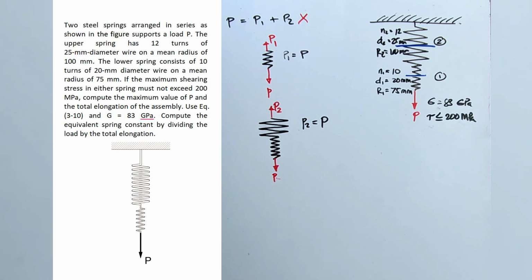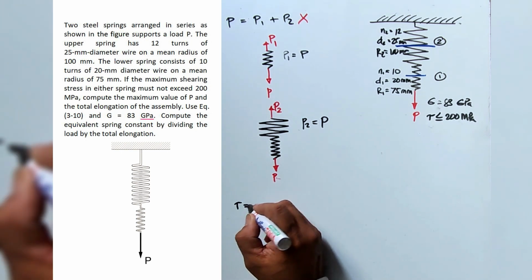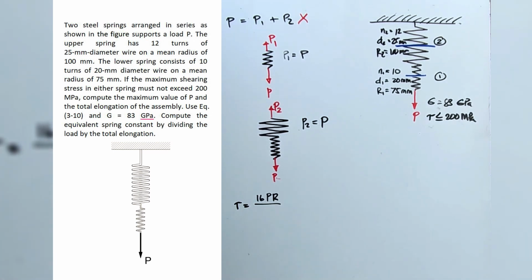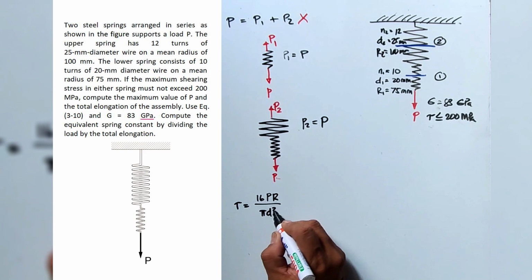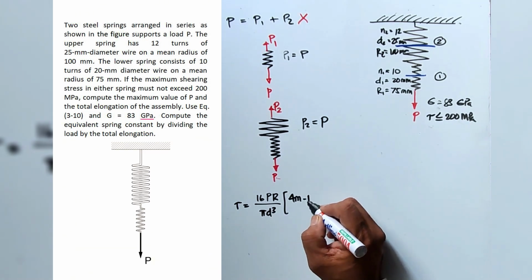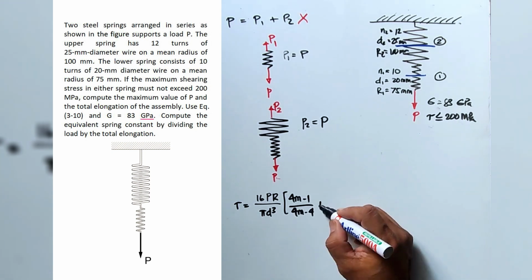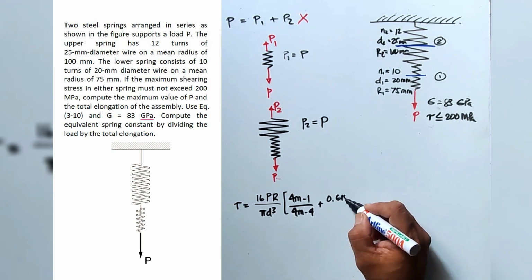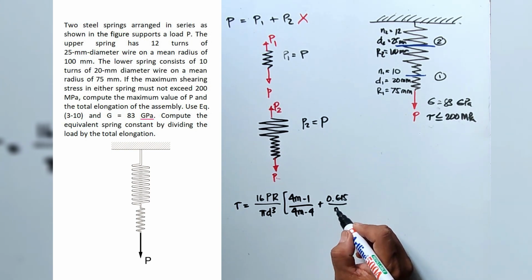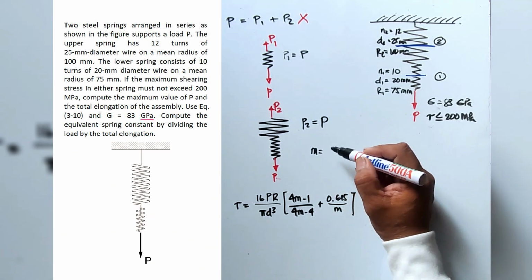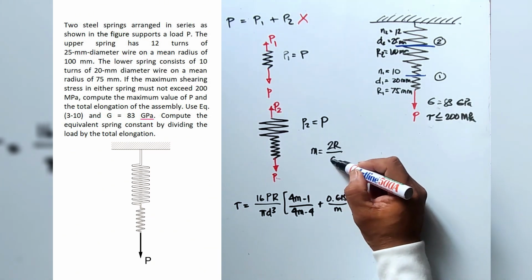It is shearing stress equals 16 times P times R divided by pi d cube times the quantity 4m minus 1 divided by 4m minus 4 plus 0.615 divided by m, where m is equal to 2r over d.